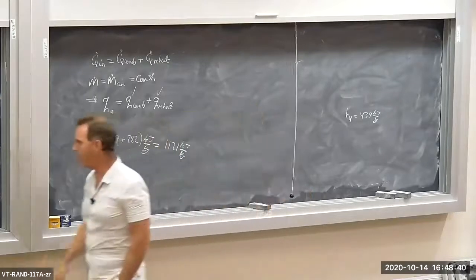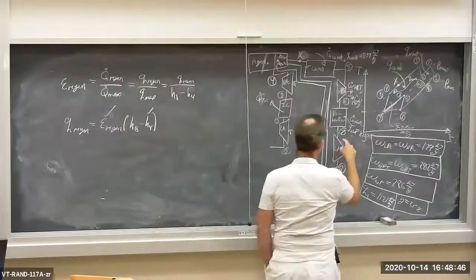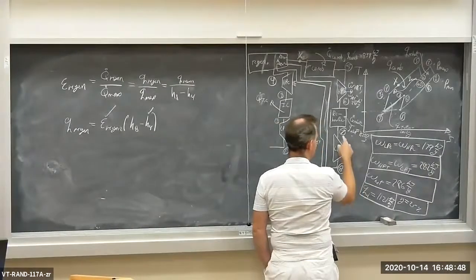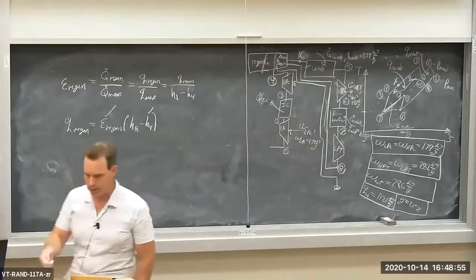Well, if I apply the energy balance to the low pressure turbine, then WLPT is equal to H7 minus H8. Okay?